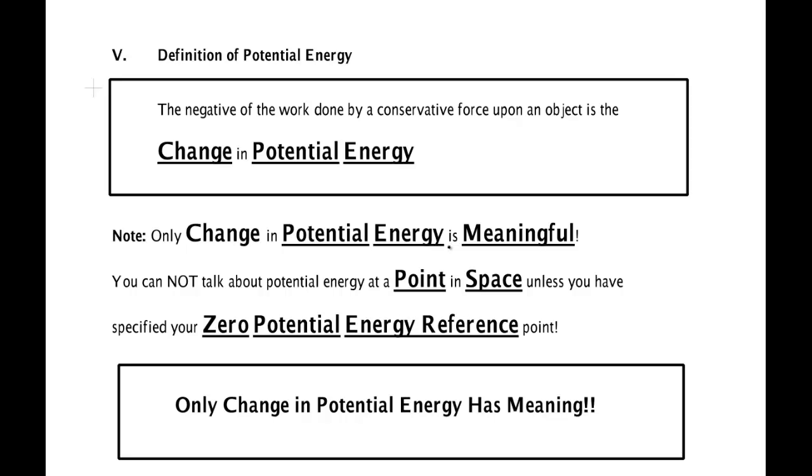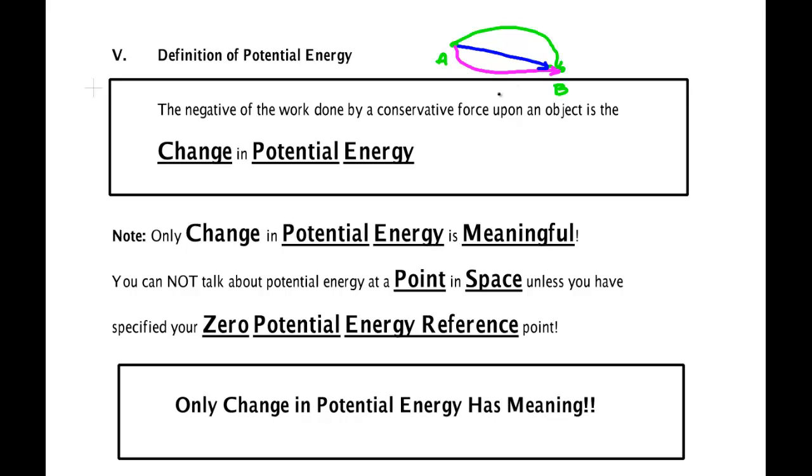So if you have a conservative force where you want to calculate the work done from going from A to B, you get the same answer whether you go like this, or like that, or like this.